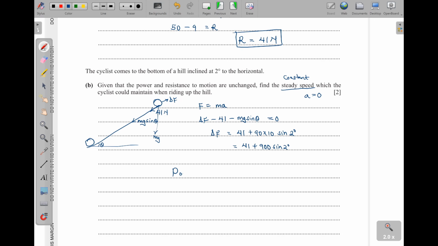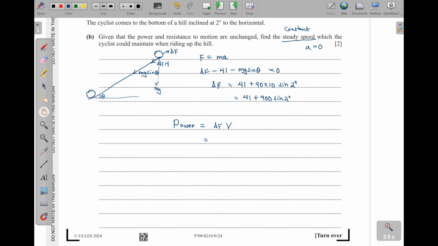So we have power equal to the driving force times the speed, or the velocity. From here, the driving force is going to be equal to power divided by the speed. The power is 250 because they said it is unchanged, and then we divide by the speed, which we are looking for.